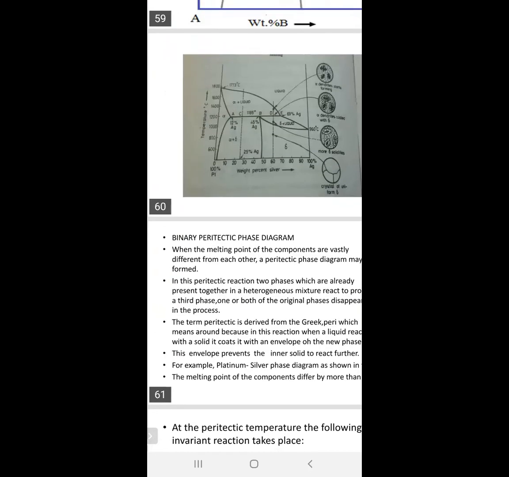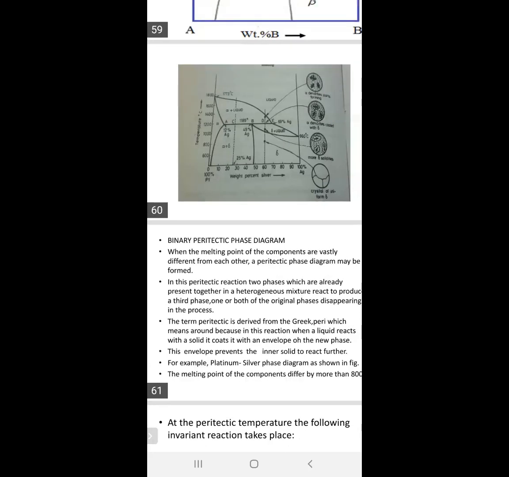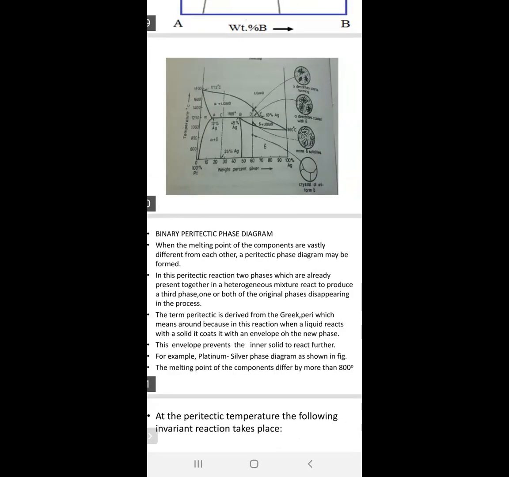Here some theory is there, so all of you understand this one. When the melting points of the components are vastly apart, a peritectic phase diagram may be formed.